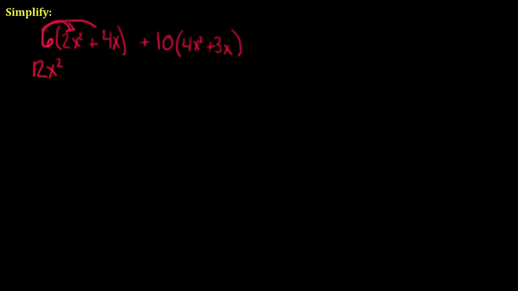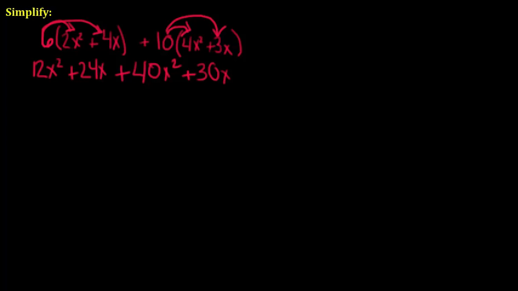And then 6 times 4x is 24x. And then we have plus, and we have to distribute this. 10 times 4x squared is going to be 40x squared. And then 10 times 3x is going to give you 30x. So plus 30x.